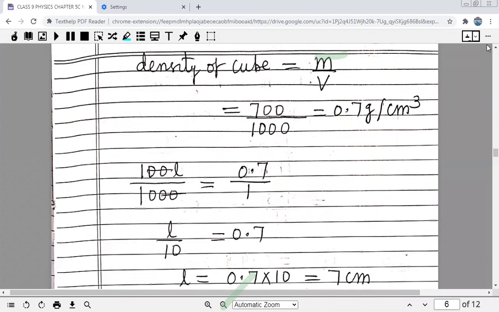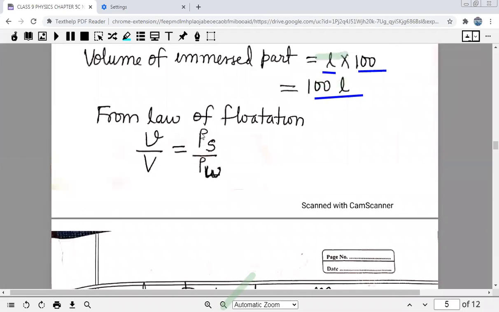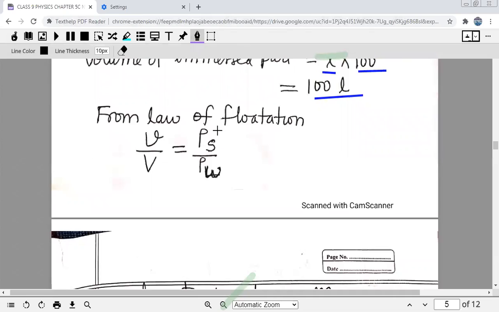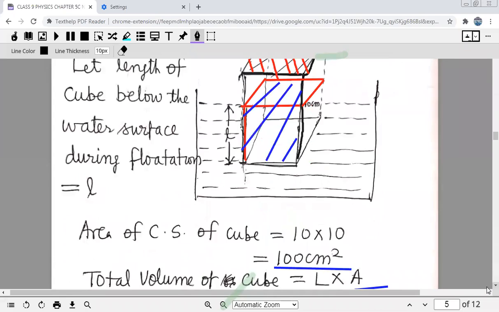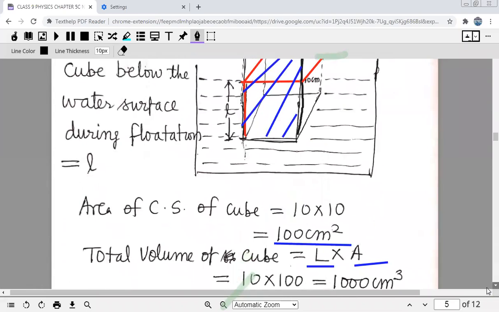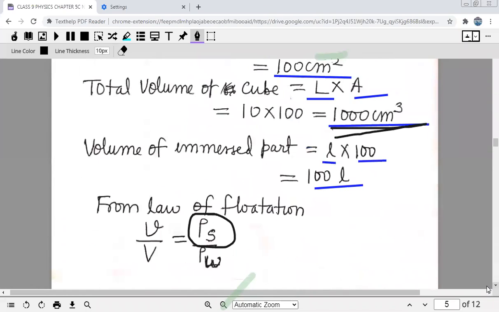What is the density of the cube? Here rho s is the density of the cube, and this you have to determine. So density of cube equals its mass divided by volume. Volume you have already determined. The volume of the cube is 1000 centimeter cube. So it will be equal to how much?